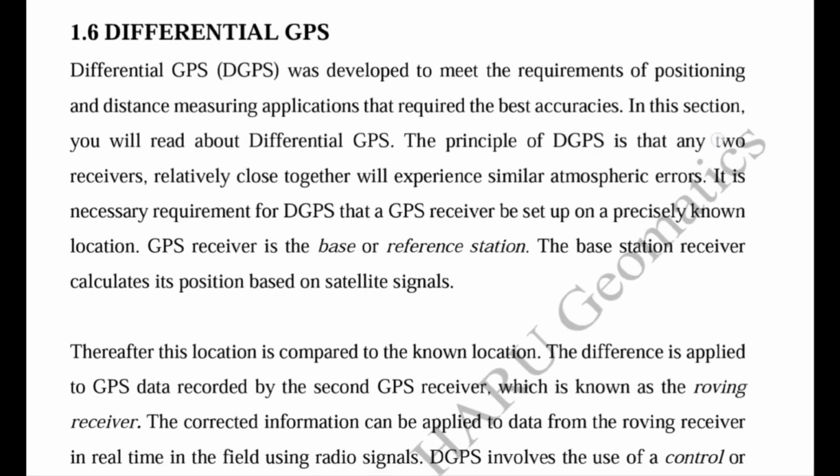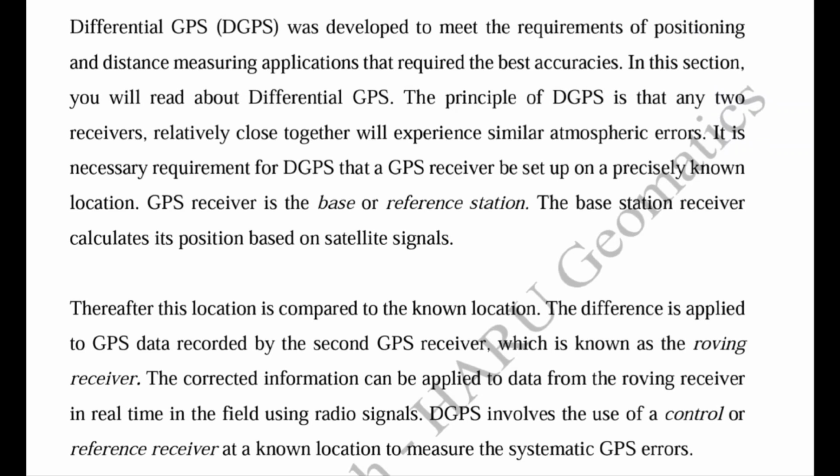The principle of DGPS is that the two receivers are relatively close together and experience similar atmospheric errors, and it has a necessary requirement that for the DGPS calculation, one of the GPS receivers should be set up on a precisely known location.